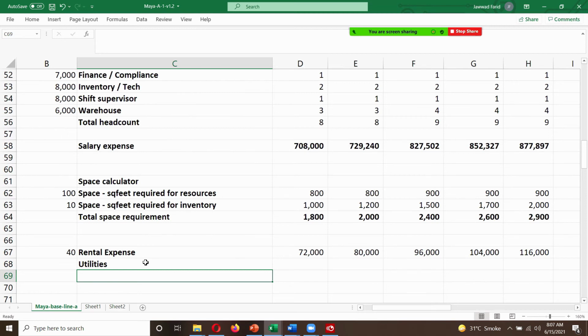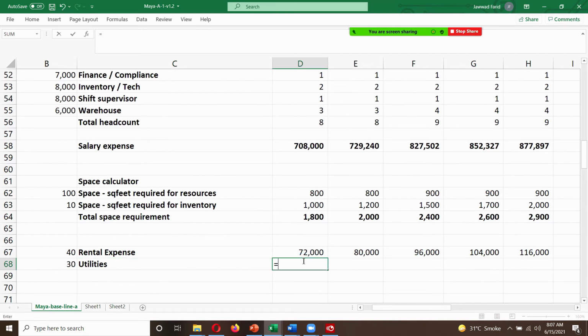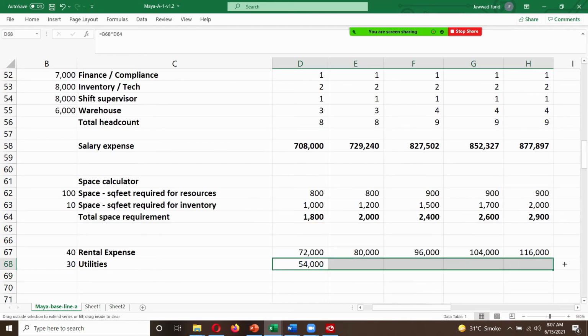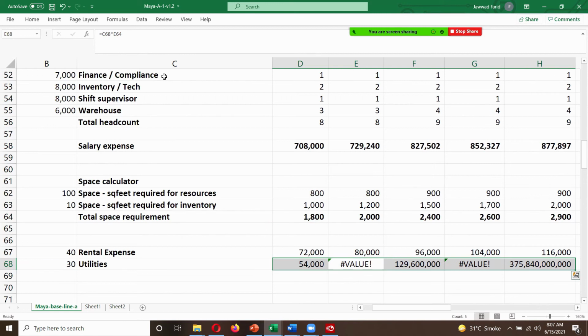So 2,500 square feet, if you calculate all of this, my guess would be maybe about 25 to 30 dirhams per year per square foot. So that would become this number. And I didn't lock it, let's lock it. B68 F4 locked.